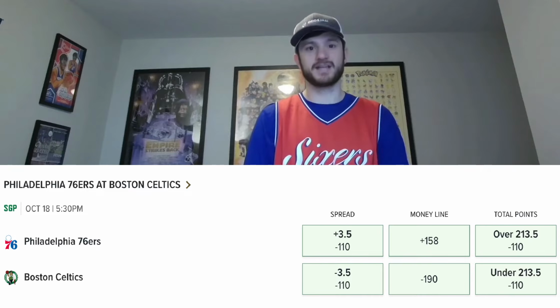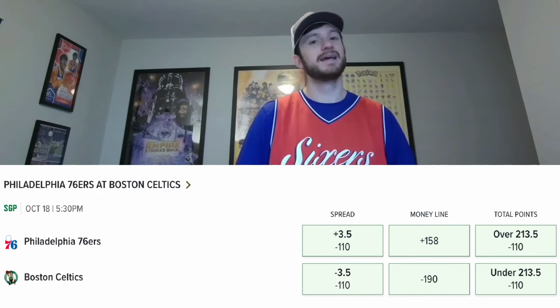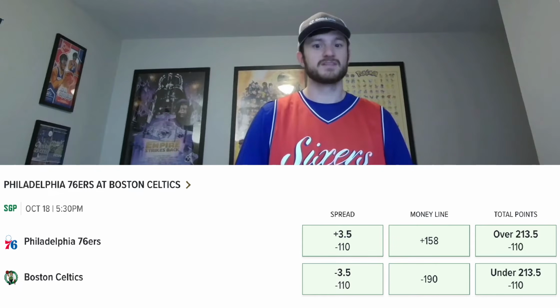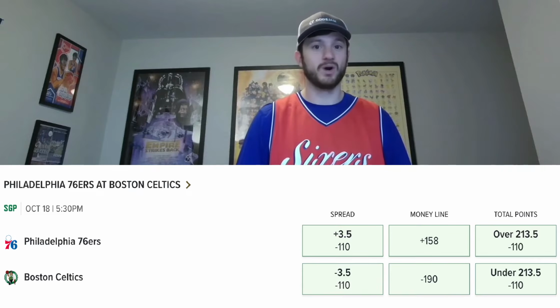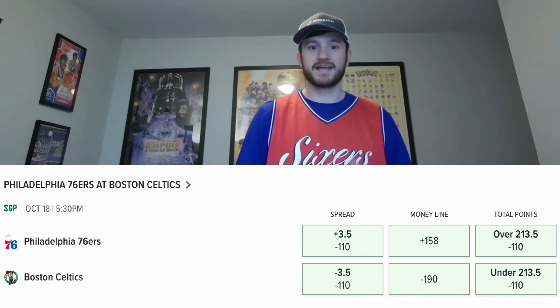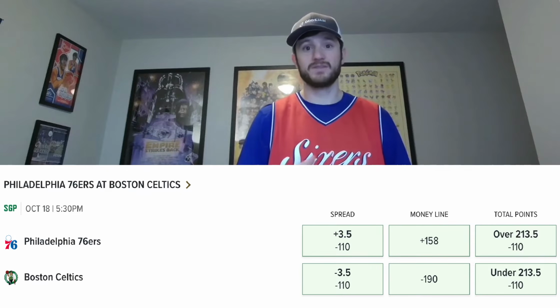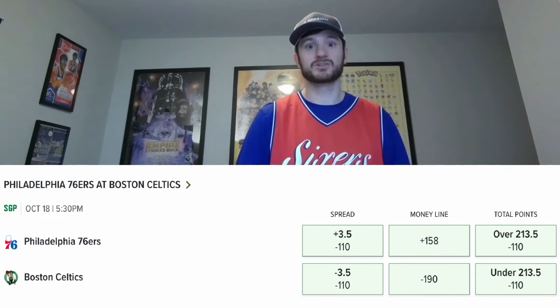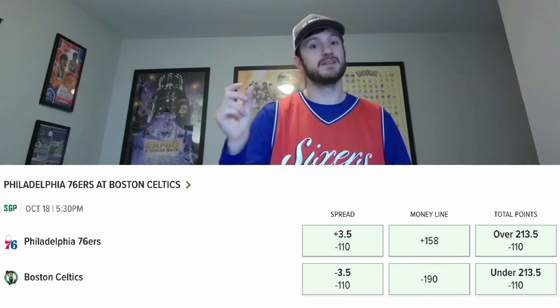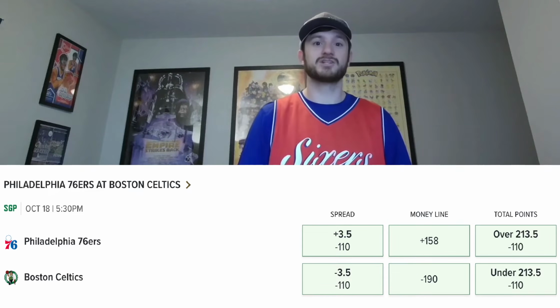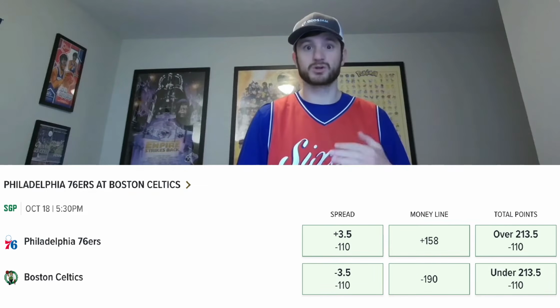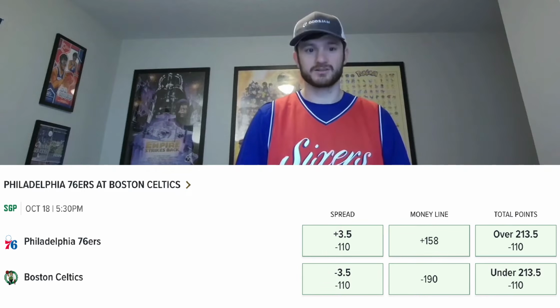Now the numbers themselves, the bigger the number equals the bigger the favorite. So the Celtics being a -190 favorite, that means that if you bet $190 on the Celtics to win and they win the game, you would profit $100. So the minus sign, the number next to it, designates how much you would need to risk in order to profit $100.